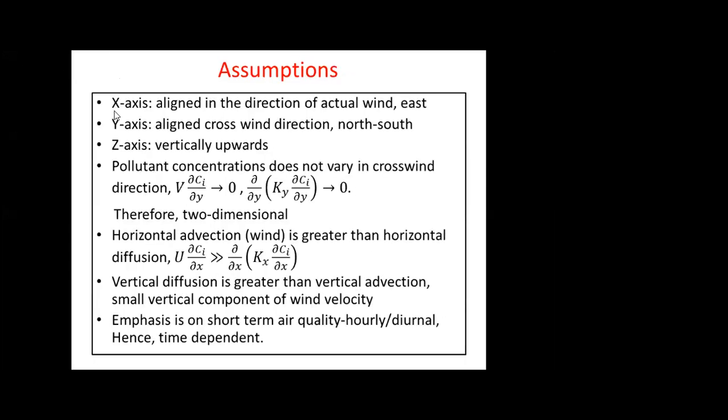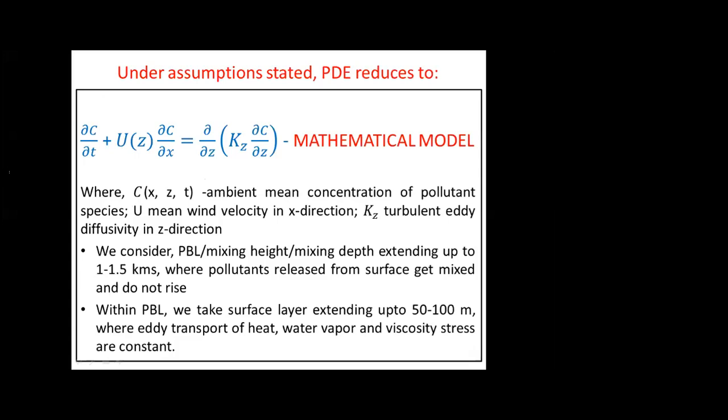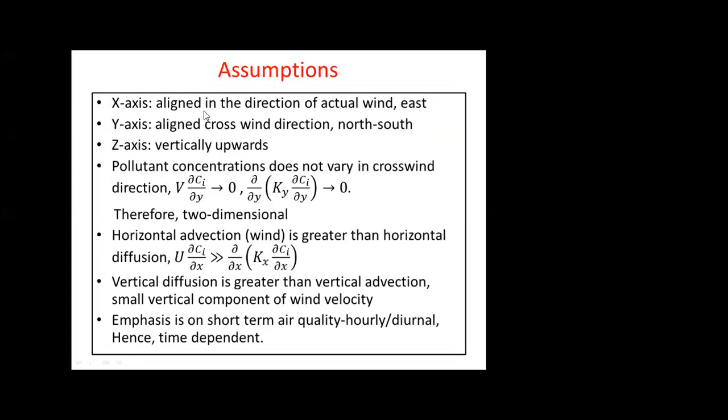Here, the first one is the x-axis is aligned in the actual wind direction, that is east. The y-axis is aligned in the crosswind direction, that is north-south, and the z-axis is vertically upward. So this is how we align our x, y, and z-axis.